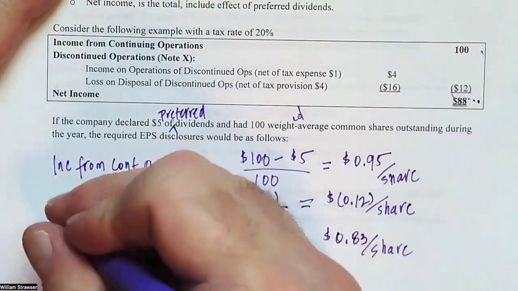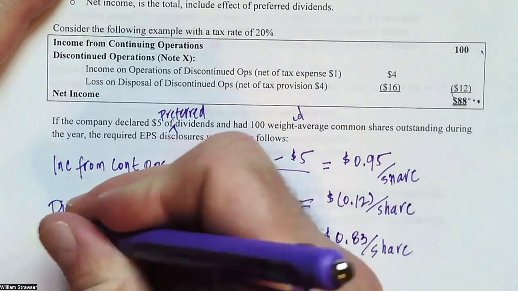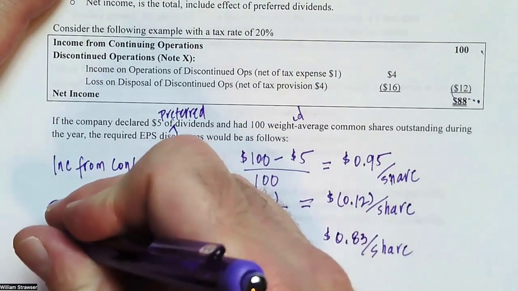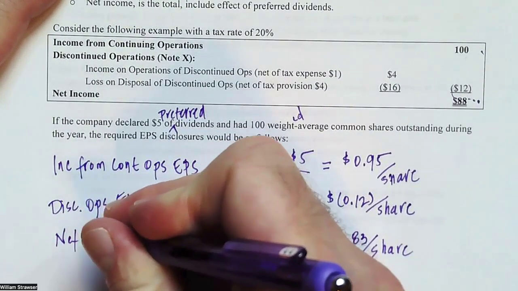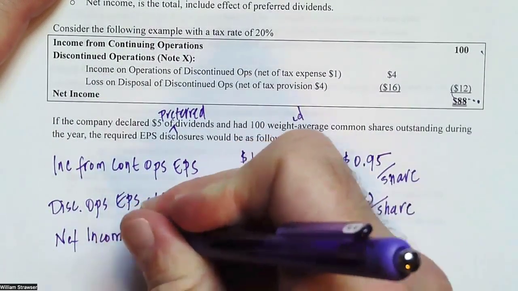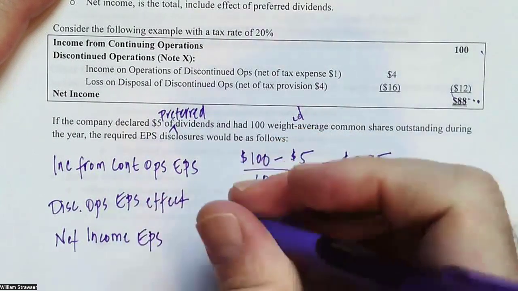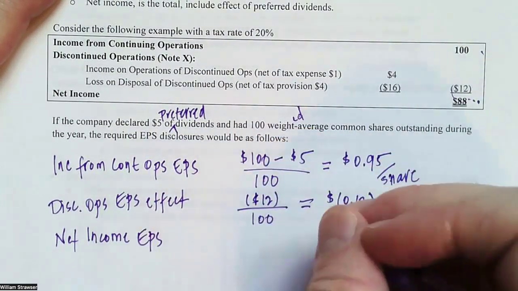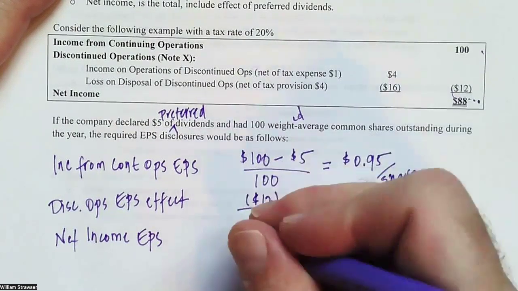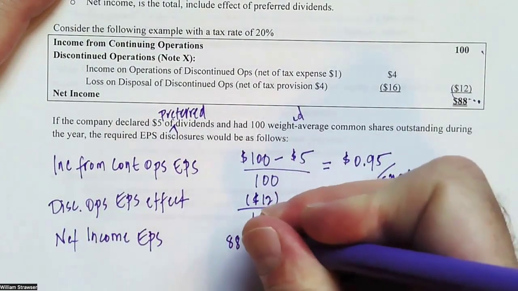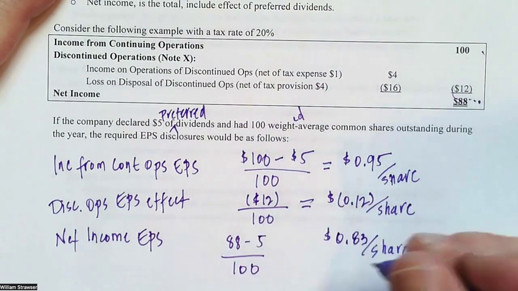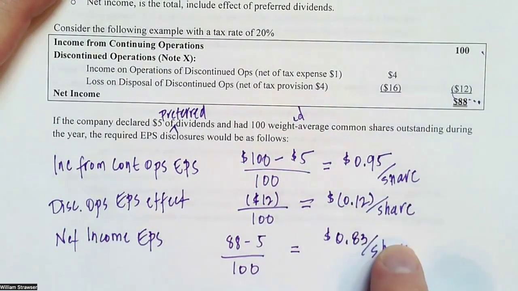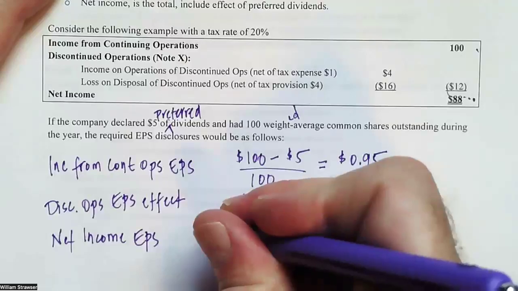Now this is, I would say, the true EPS, but we can call it net income EPS just to ground it in what it's based on. And that is going to be the $88 of net income less the $5 of preferred dividends divided by $100. And that does come out to 83 cents a share after you do the math.